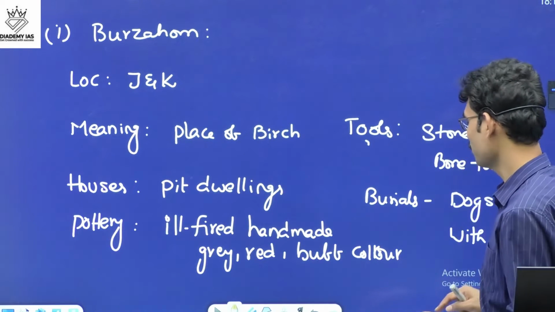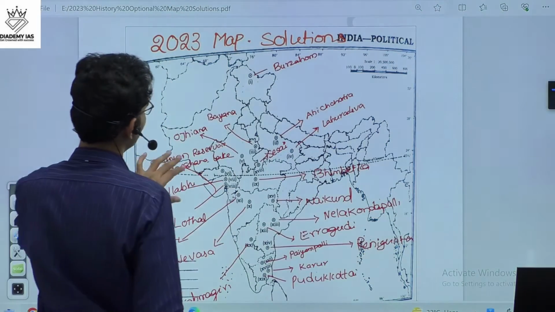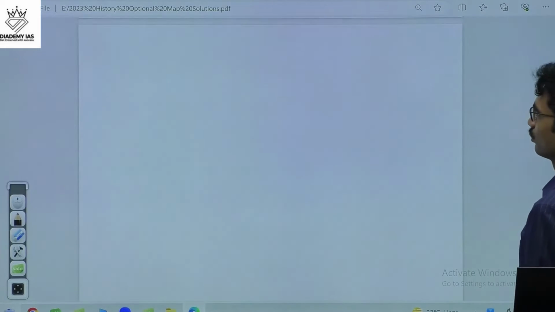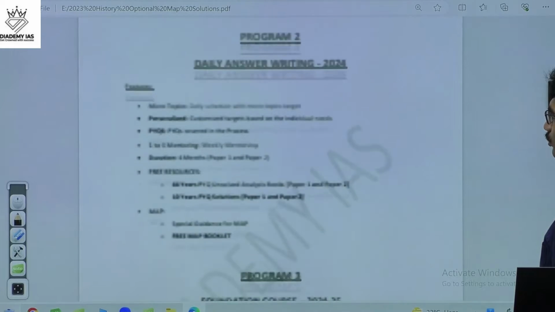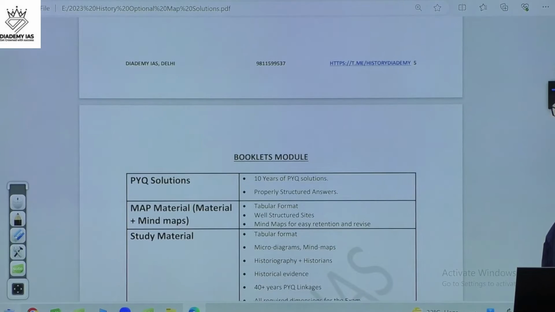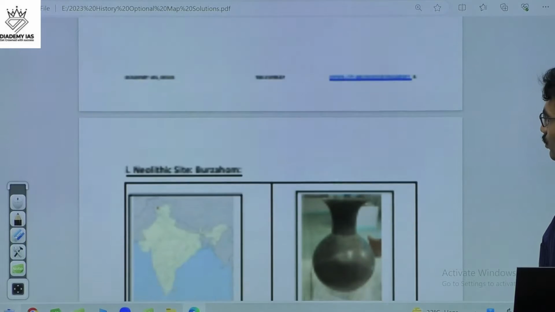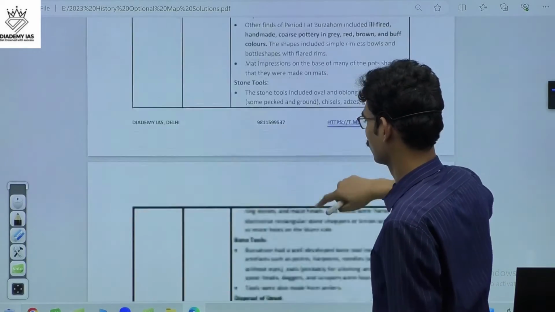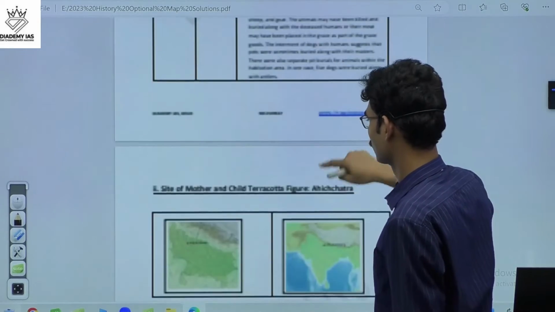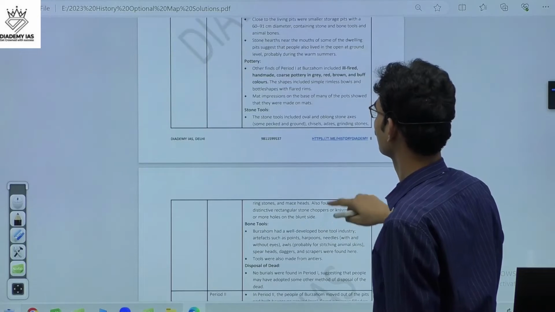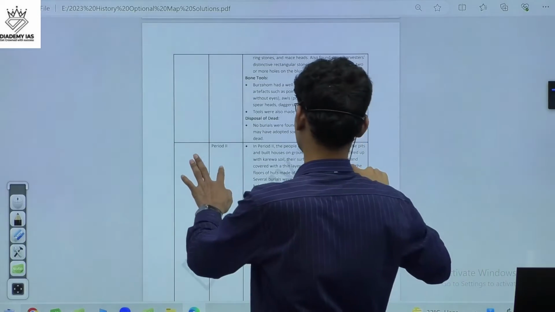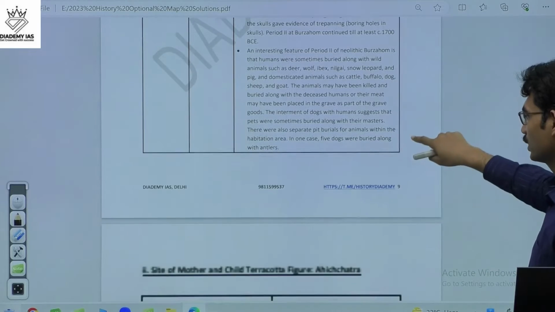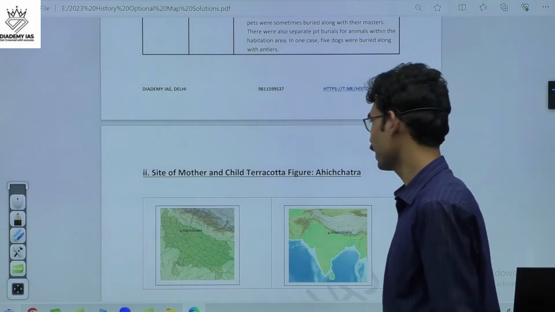Next one, second type. This is the second site, the site of mother and child terracotta figure.